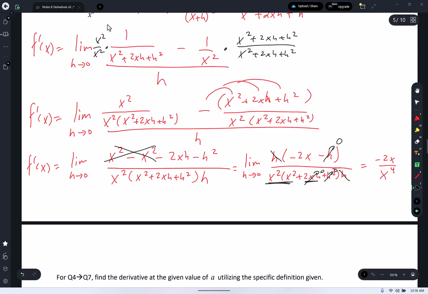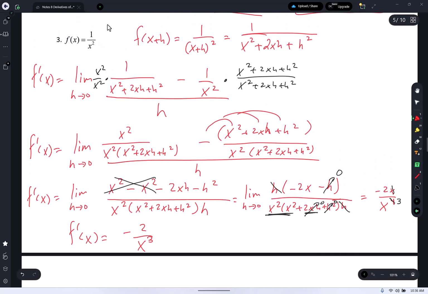I have a negative 2x over x to the 4th. Can I simplify that, guys? Yeah, what cancels? 1x. Bam. That 4 turns into a 3. So f prime of x is negative 2 over x cubed. Yeah, there is a pattern.